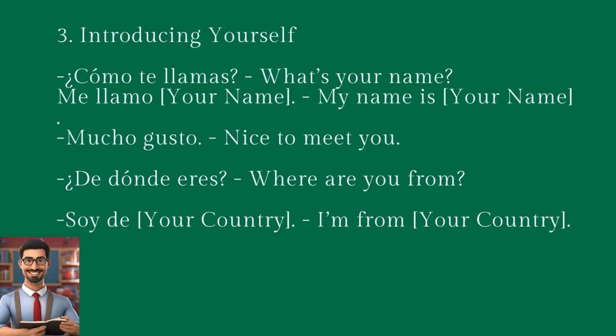So this syllable CHO is cho. Mucho. It's almost like a show, but you have to put your tongue a little bit up, close to the palate, and press it. Mucho gusto. That means nice to meet you.